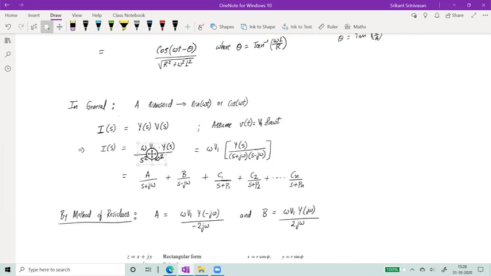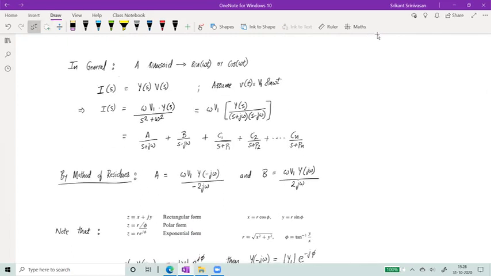That's what you see here. Omega over omega square plus s square times V1, which is a constant, and Y of s, which is the same thing over here. So this can be written as omega times V1 into Y of s by s square plus omega square, which again is split into s plus j omega, s minus j omega. Now following the same method of residues, this current expression can be split into some residue divided by s plus j omega, some residue over s minus j omega, and then the Y of s itself could be some function.